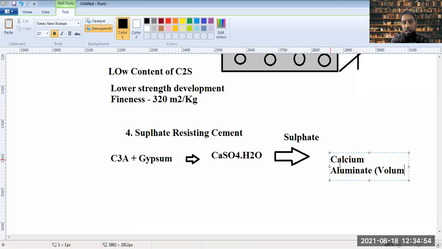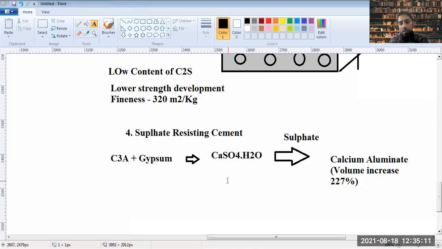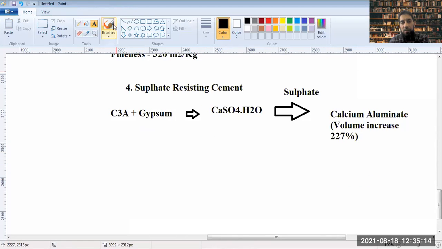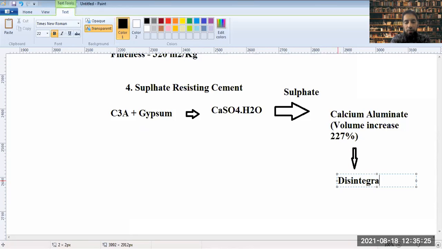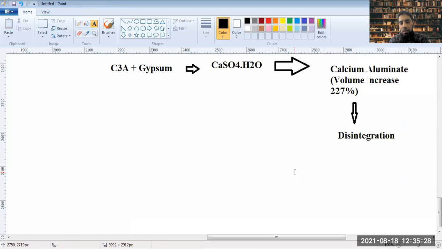If the sulfates are present, the volume increase happens, and that is around 227%. So when the volume increase is happening within the cement or the concrete, that will lead to disintegration. Because the volume increase after hydration has happened inside, it will lead to cracking and finally disintegration of the cement.